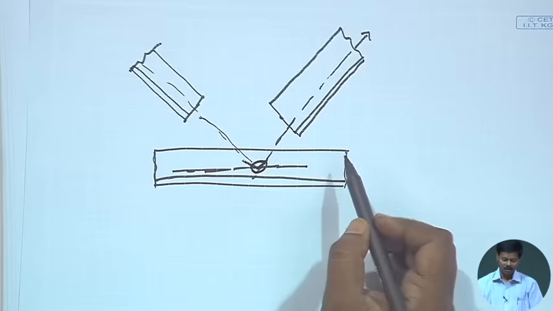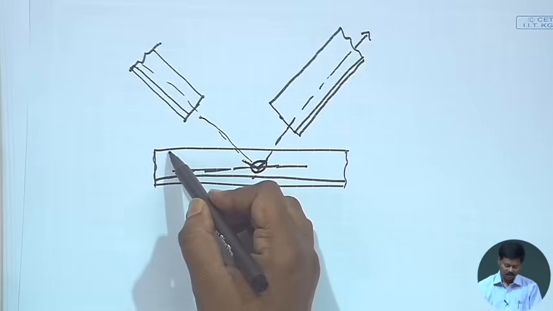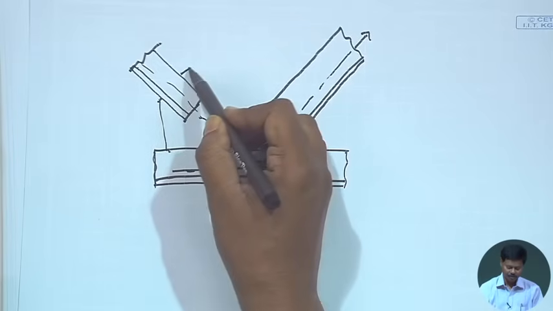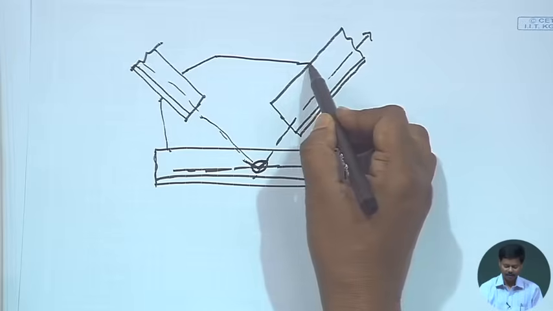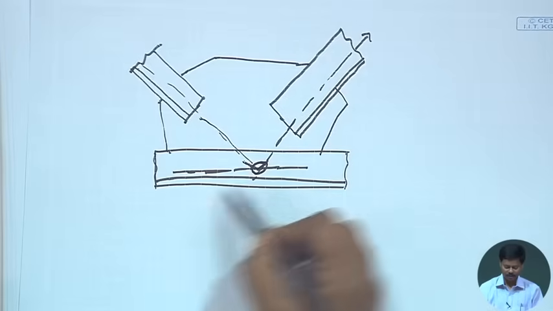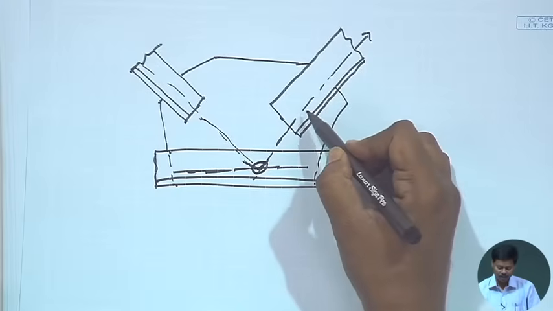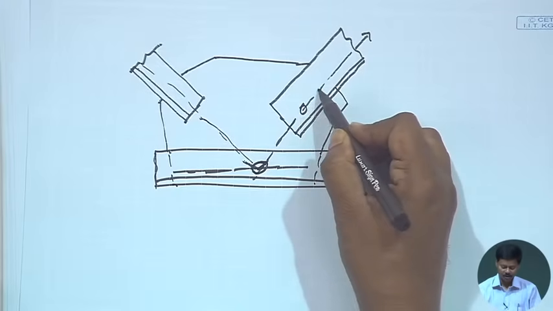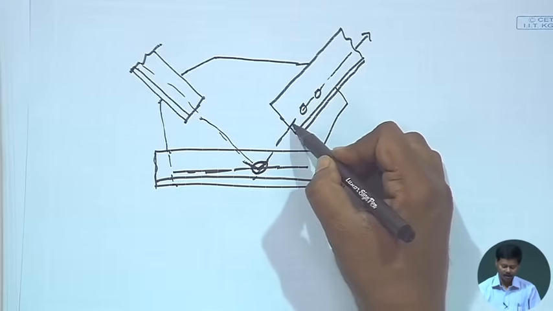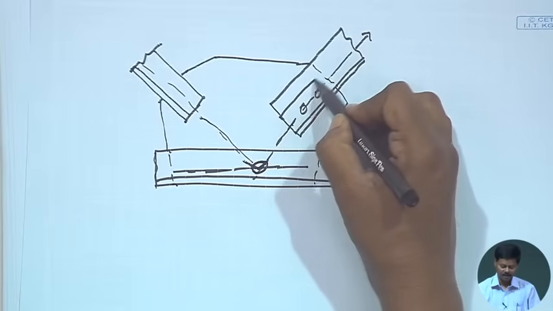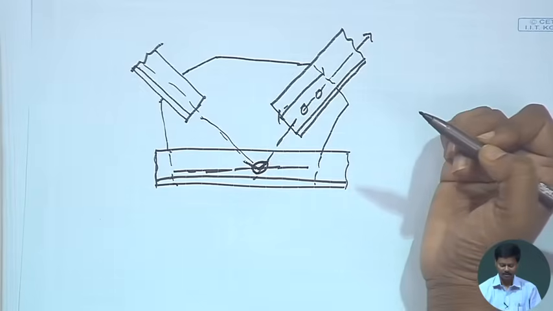And needless to mention again, the length of the gusset plate can be reduced by increasing the bolt diameter, so that fewer bolts are required, and as a result the length of the gusset plate becomes less.